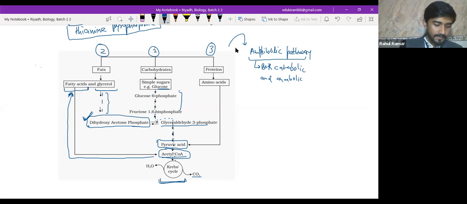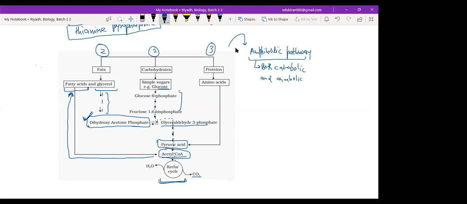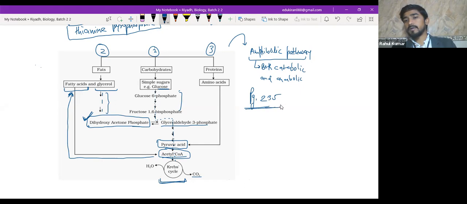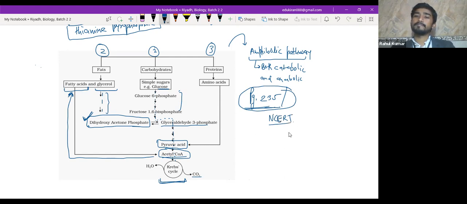Open your NCERT. I think what you have to open is page number 235. There's one paragraph, read this paragraph, which talks about the amphibolic nature of this pathway, and you can make your answer from there. Is it clear?